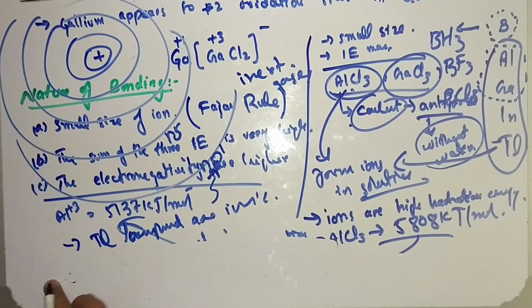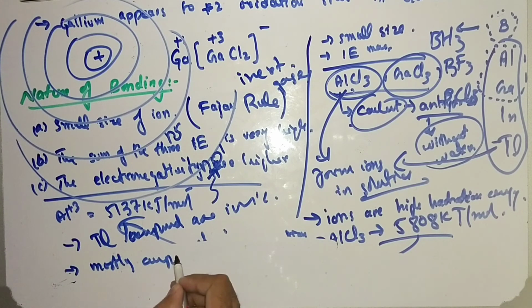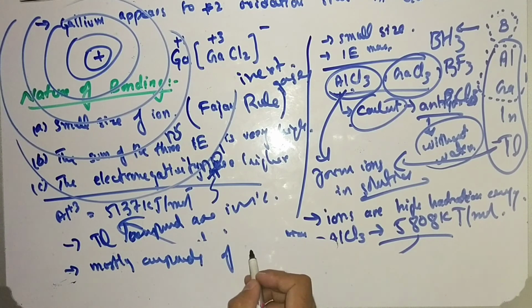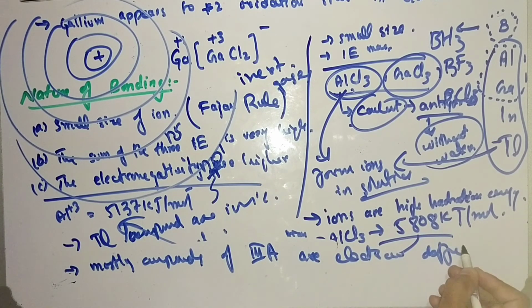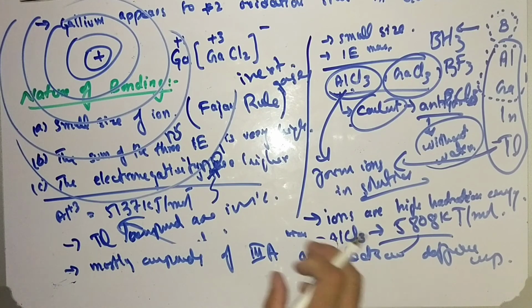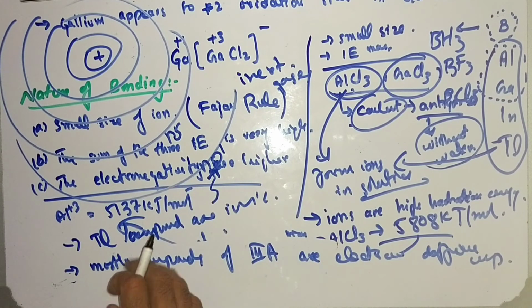Why electron deficient? Because in the outermost shell, in bonding, they have only 6 electrons. That's why 2 electrons are missing. So we can say they are electron deficient molecules.